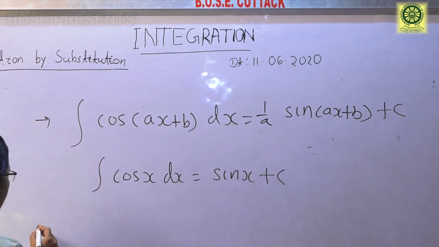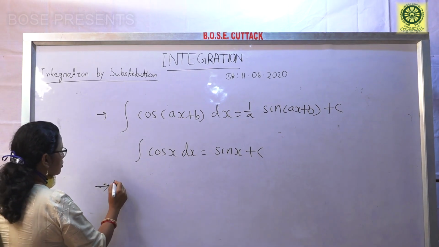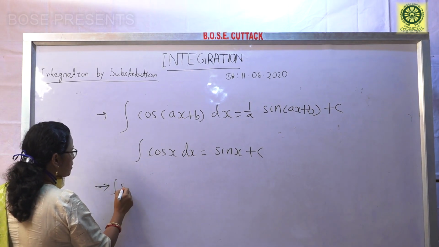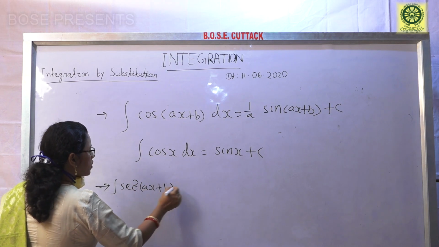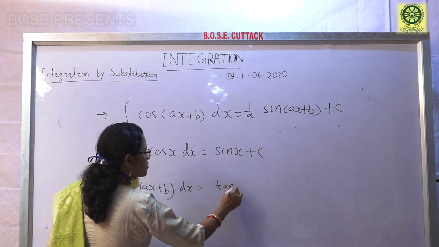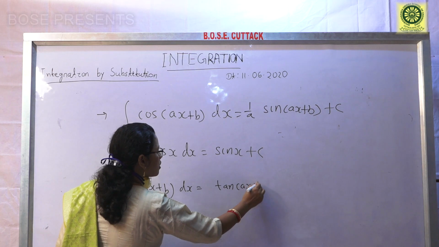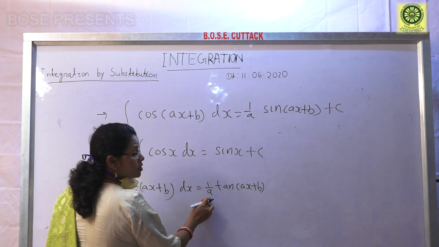So, likewise, we can show that the integral of sec²(ax + b) with respect to x will be tan(ax + b). Just divide by the coefficient of x here.